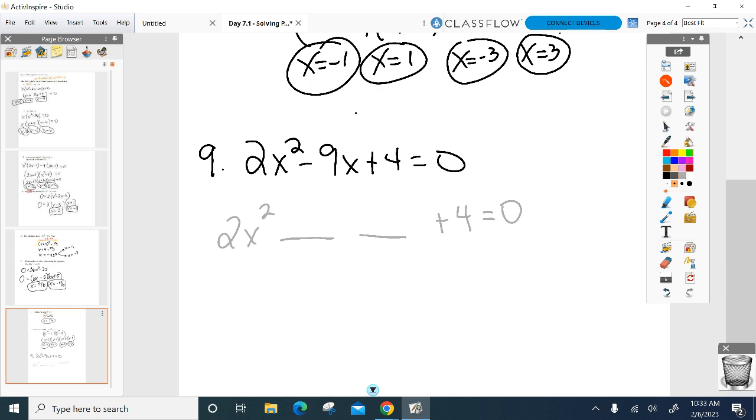Nick's starting this process by multiplying your A and your C value, the 2 outside terms, and getting 8. So in these blanks, you're going to find 2 numbers that multiply to 8 but still give me -9 in the middle. 2 numbers that multiply to 8, but will give me -9 in the middle.